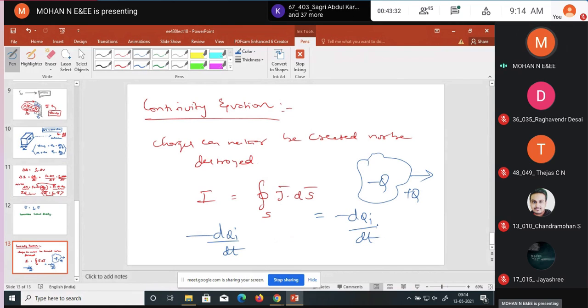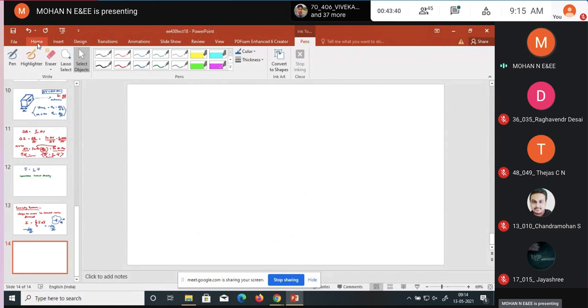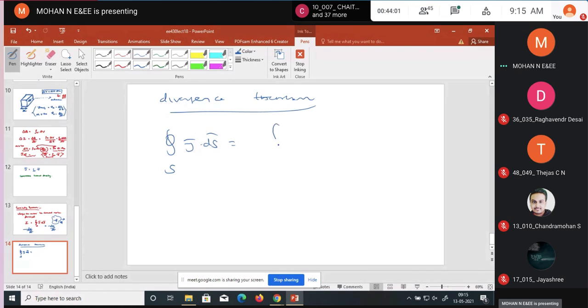Okay, you can relate this to one more concept we have studied in the preceding lectures, that is the divergence theorem. If you apply the divergence theorem here, the closed surface integral is equal to the volume integral of J vector into dV.